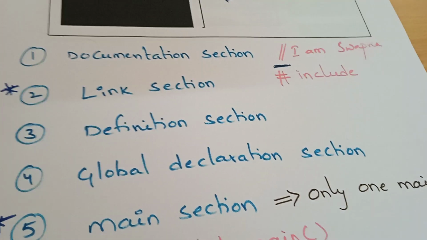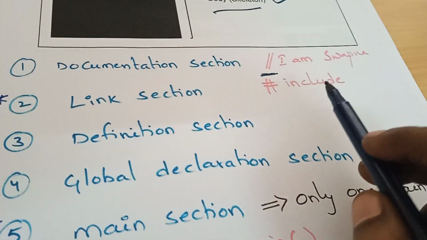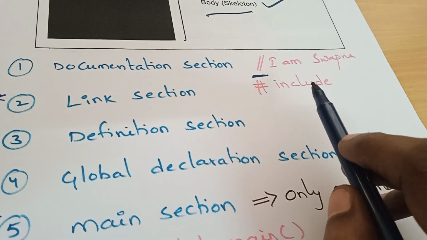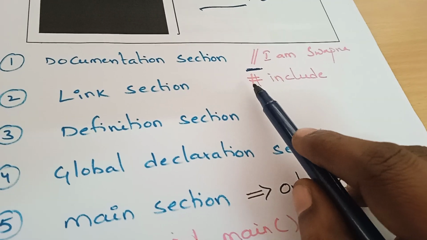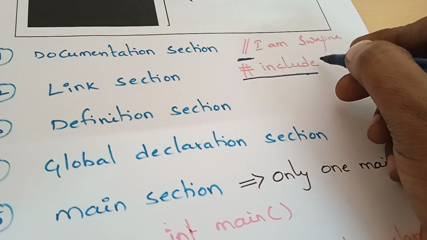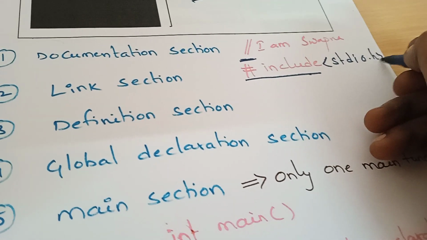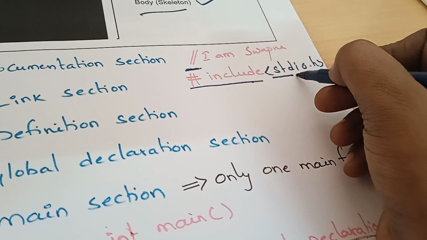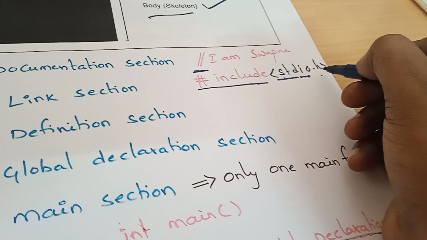And the second is the link section. That is where we write header files. We discussed that C has a standard library, right? In the features of C we saw this. So we need to include the standard library in the program, for example stdio.h. Std is standard, IO is input output: the standard input output header file.